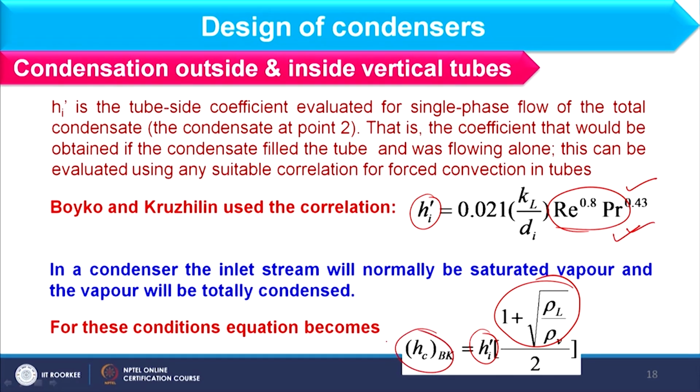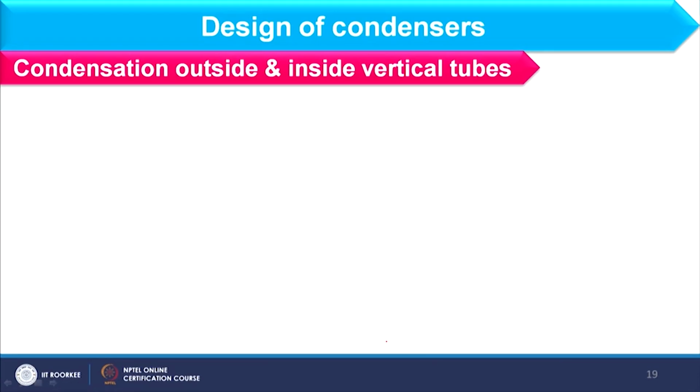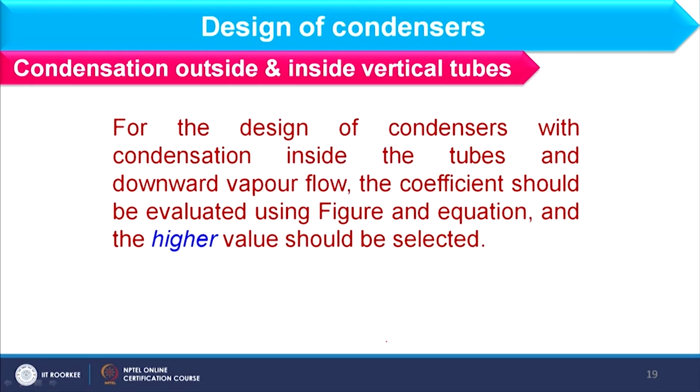In this way we can find the Boyko-Kruzhilin correlation. So when considering inside vertical tube condensation, you have to find the heat transfer coefficient using the graph as well as the Boyko-Kruzhilin correlation, and consider the higher value of the heat transfer coefficient as the final value.